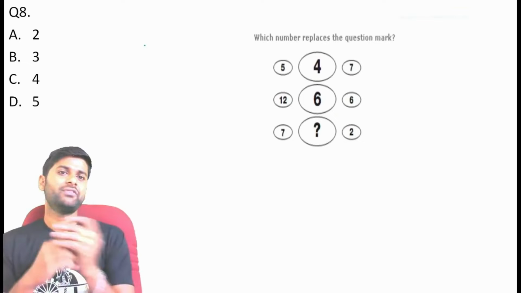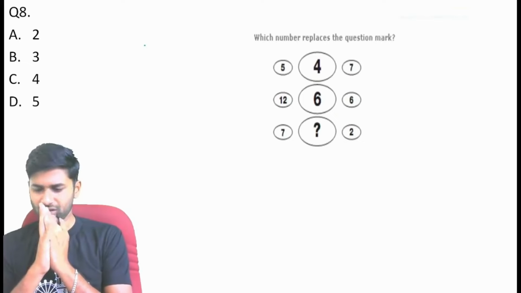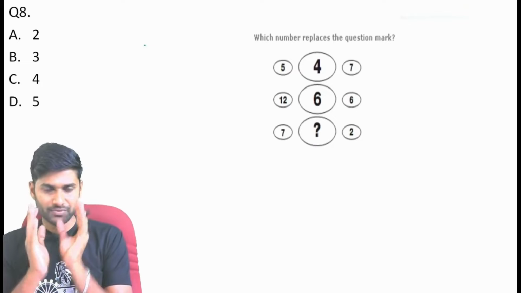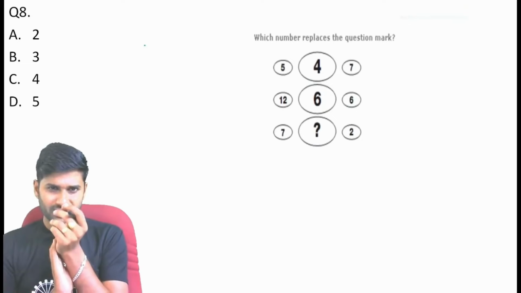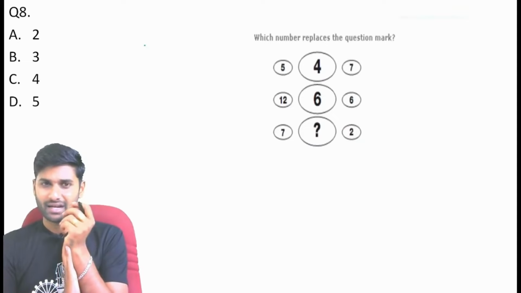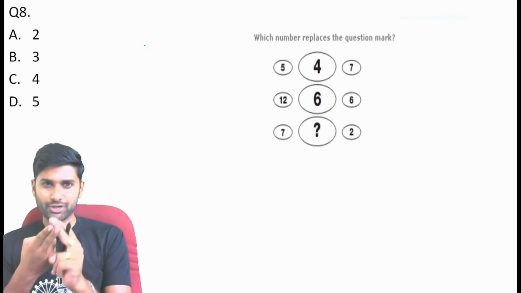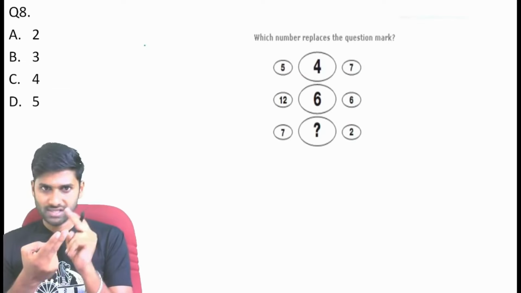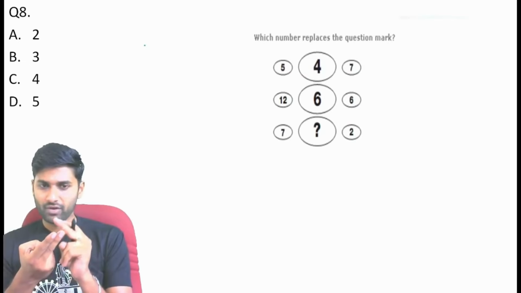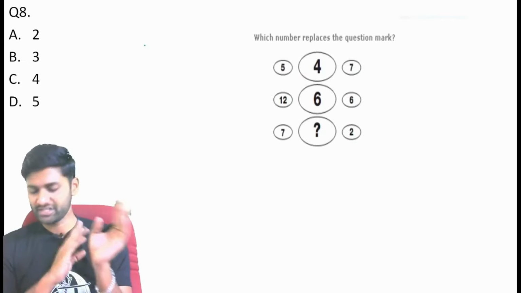Next one. Which number can we replace with the question mark? It is completely based on analytical ability, guys. Just observe the numbers. Based on that, we need to identify the other one. So you see it as a 3 by 3 matrix. I clearly mentioned that any two boxes are exactly equal to the other box's result. Sum of rows, sum of columns, or you can go with an individual digit concept.